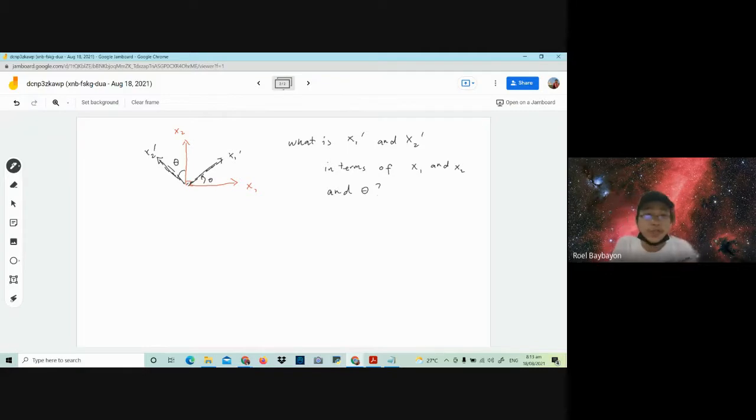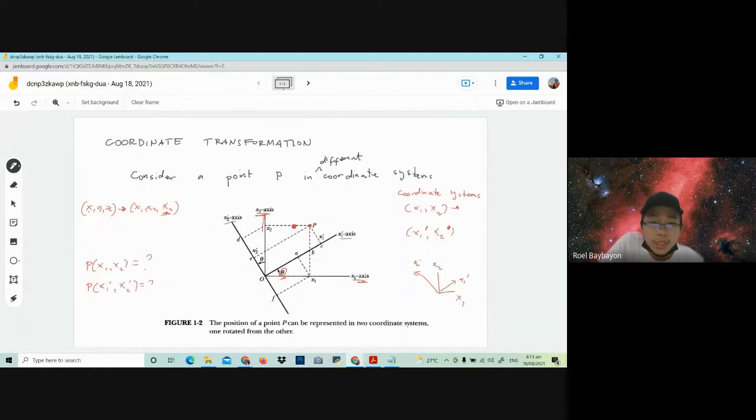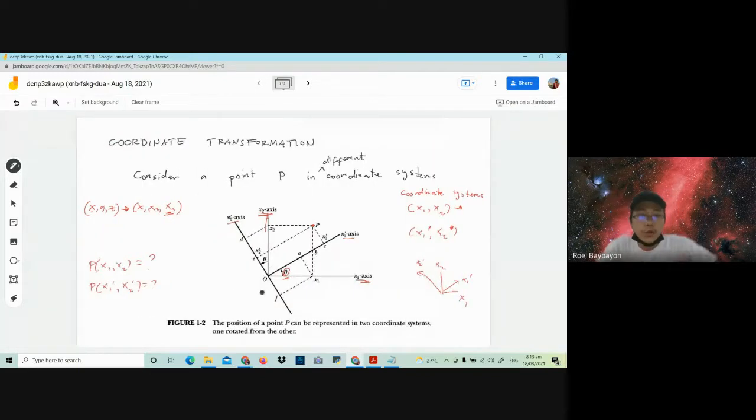Using trigonometry, this is just basic trigonometry, you can derive x1 prime and x2 prime in terms of x1 and x2. Notice in our figure, how long is x1 prime? Using trigonometry only, so this is your first assignment. You will derive the expression of x1 prime and x2 prime in terms of x1 and x2.